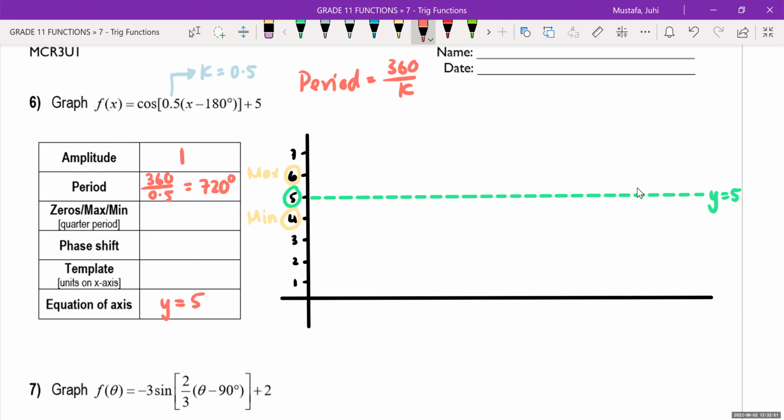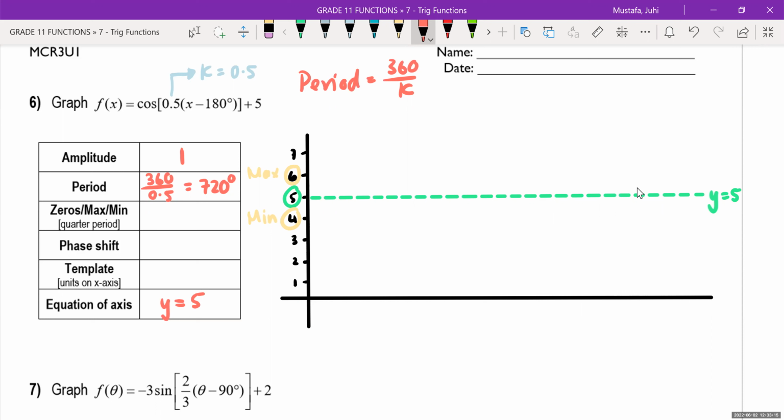So technically, our K value is a half, and we think of that as a 2, which means it's actually going to be a horizontal stretch. So instead of going from 0 to 360 degrees, does it make sense that our period is now from 0 to 720? It's double? It does, right? Because if you horizontally stretch a graph, it's going to elongate this way and it's going to be a greater period.